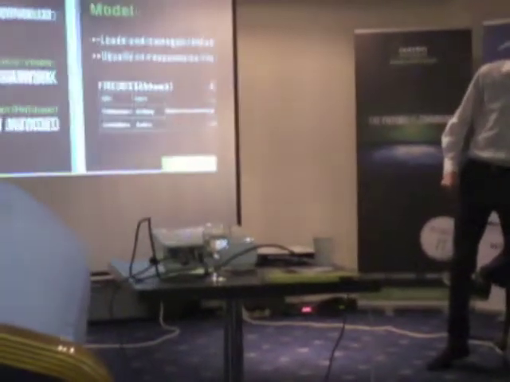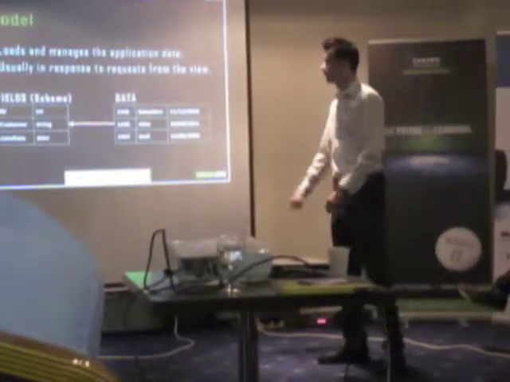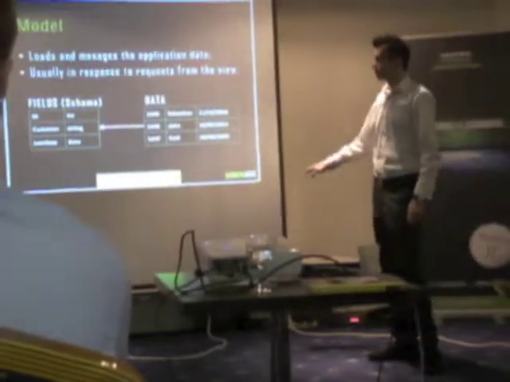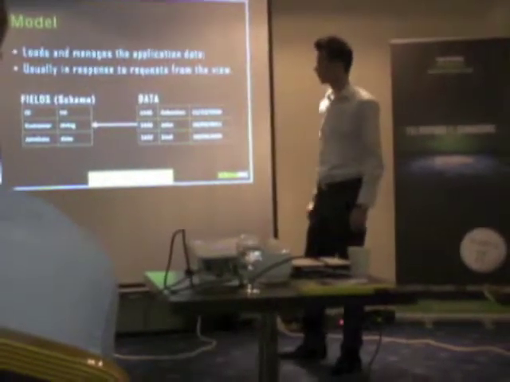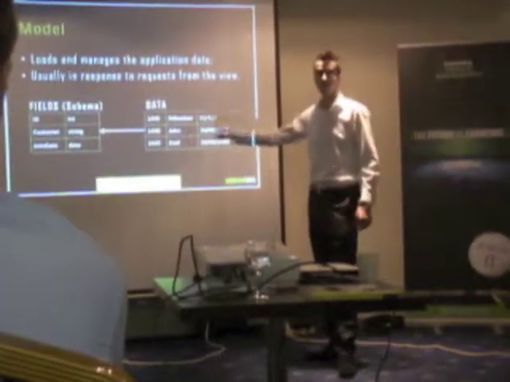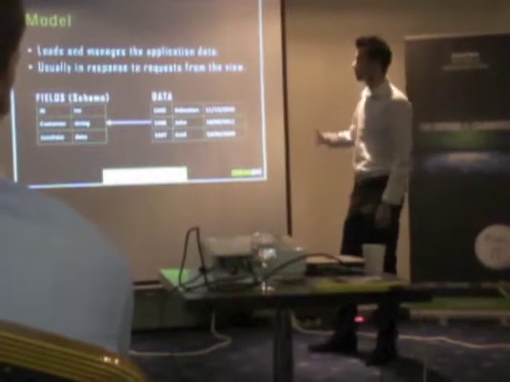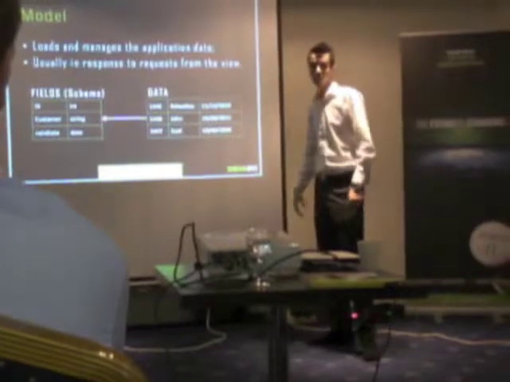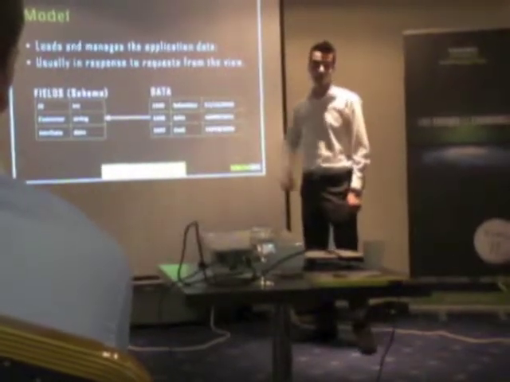Now let's explain the MVC part. So we have the model that loads and manages the application data. You can see it as an example, it looks like SQL, you have a schema to it, and the data that you're going to append based on the fields. What's interesting, you can send the model a lot of data, it has a lot of fields, and it will select only the fields that you declare.